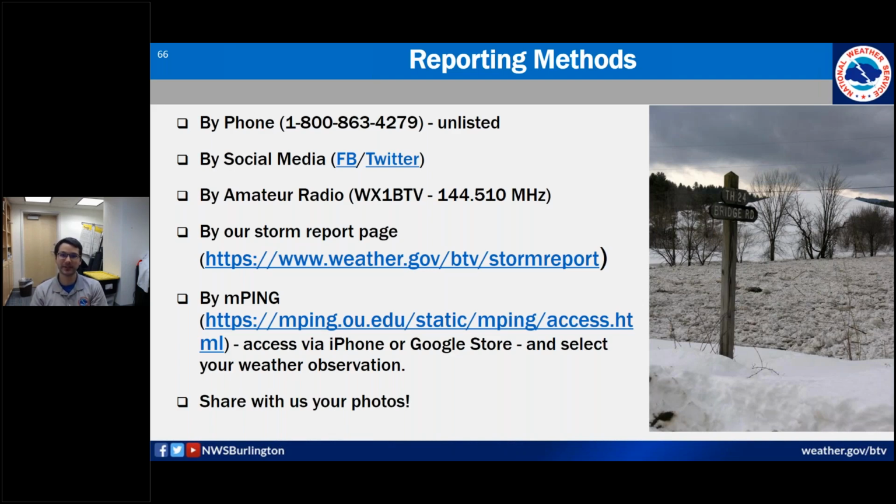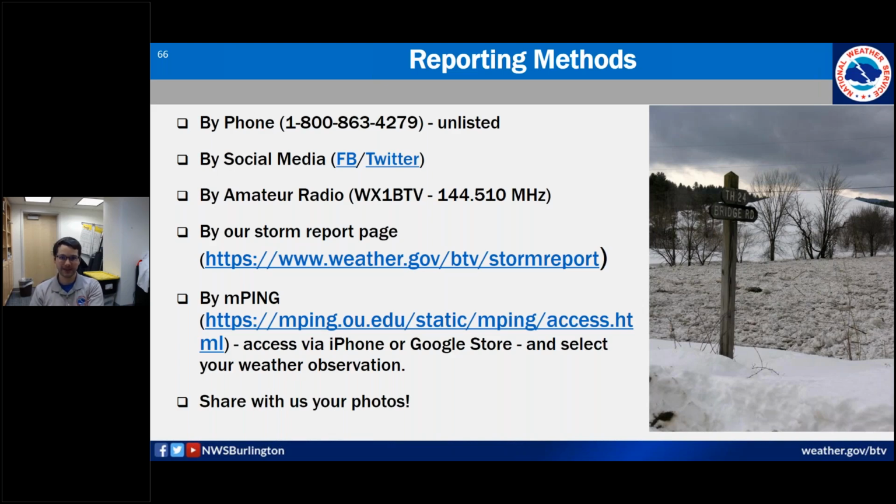There's the mPING app, which I've mentioned here, and then of course we often encourage sharing of photos, especially when we're dealing with tornadoes and funnel clouds and things like that. A photo goes a long way, or especially a video in a funnel cloud case to see rotation. Photos are a helpful way for us to confirm and verify what you're seeing.